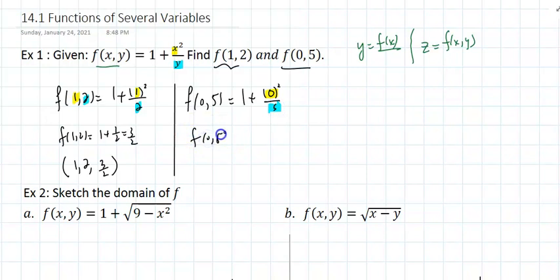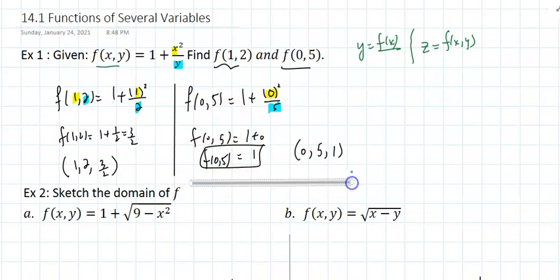F of 0, 5 would be 1 plus 0, which is pretty much 1. So again, what this means is the point x equals 0, y equals 5, and z equals 1 would be on the graph of the surface z equals 1 plus x squared over y.